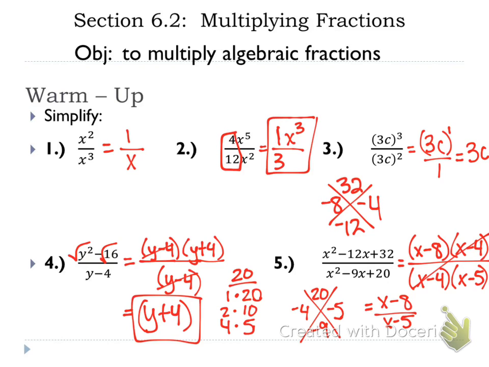You can put them in parentheses if you want to or need to. Can I cancel out those x's? No, they are part of binomials, so if you need to put your parentheses to remember that, please put them. Do not cancel out x's that are part of binomials.